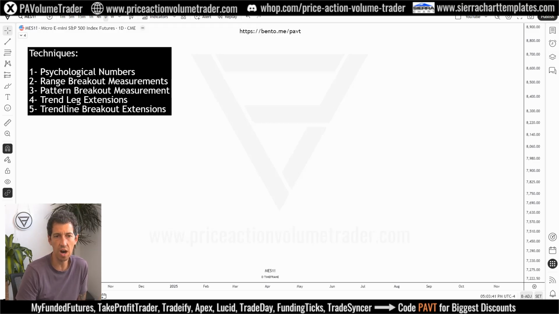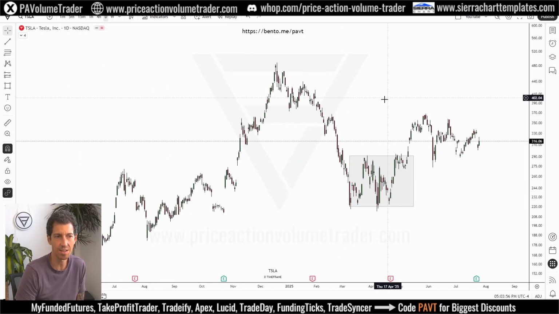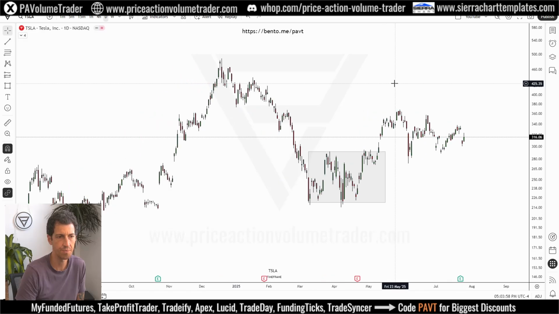Now that we've covered the basics, let's go into 5 charts and look at practical examples of these concepts that we have just talked about. Okay, so here we're at a chart of Tesla. This is a daily chart of the Tesla stock.